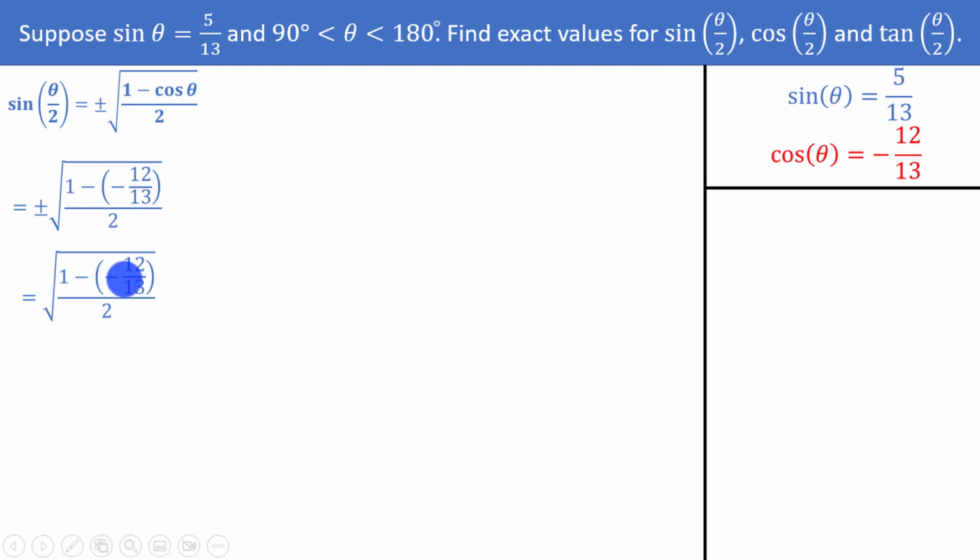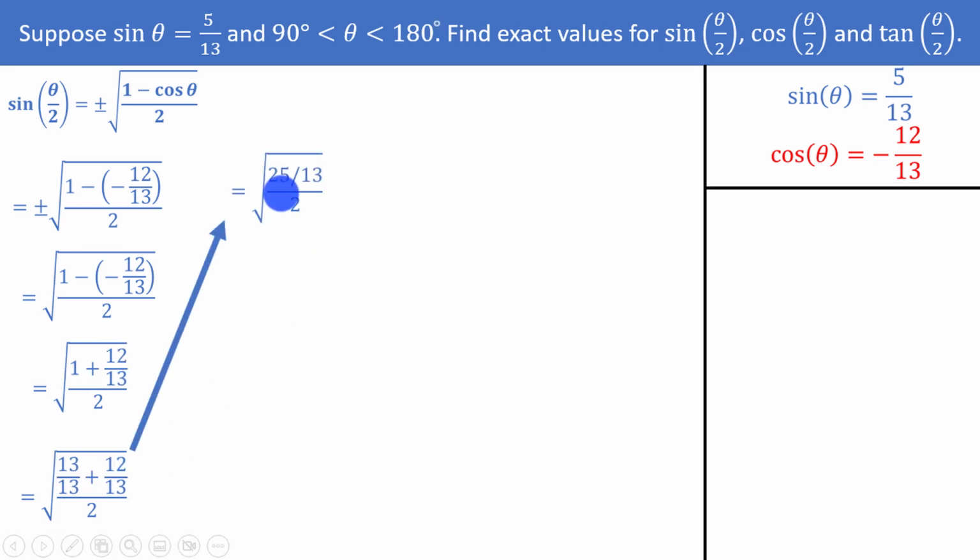1 minus negative 12 over 13 is the same thing as 1 plus 12 over 13. If we get a common denominator in the terms in the numerator, we have 13 over 13 plus 12 over 13. 13 plus 12 is 25, so we have the square root of 25 over 13 divided by 2.